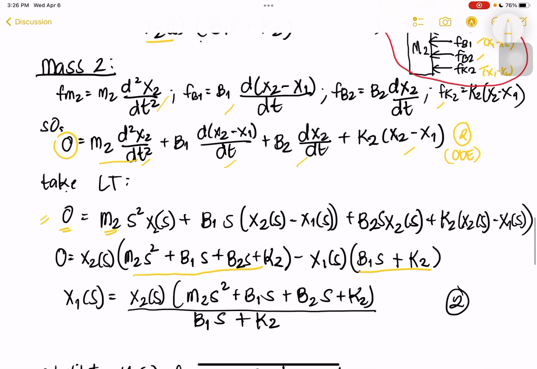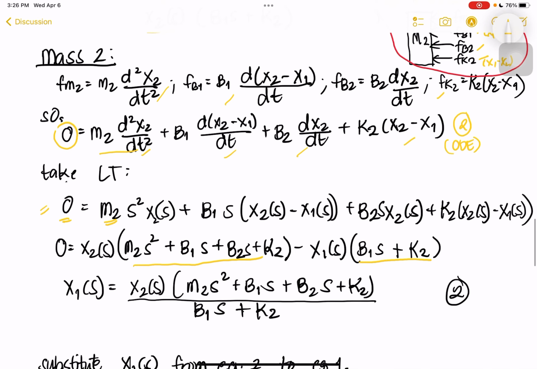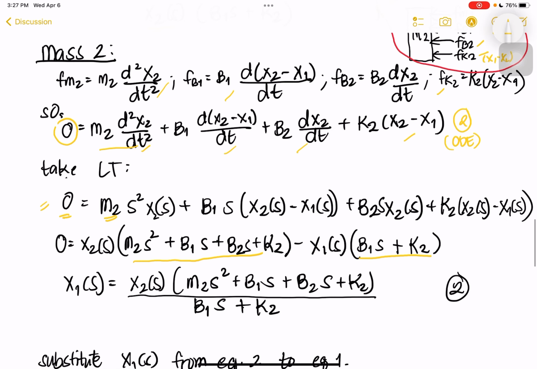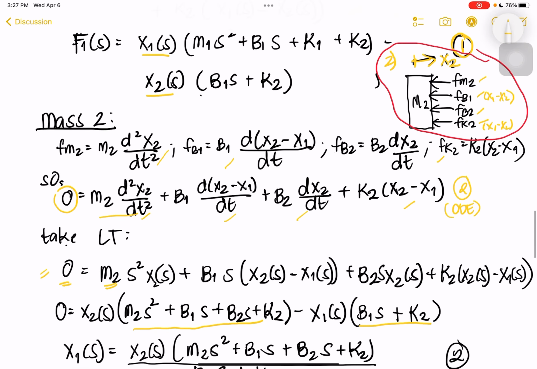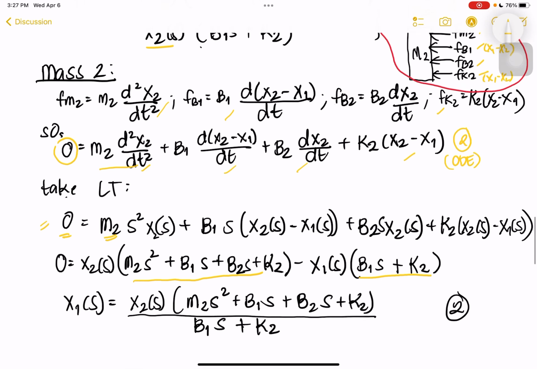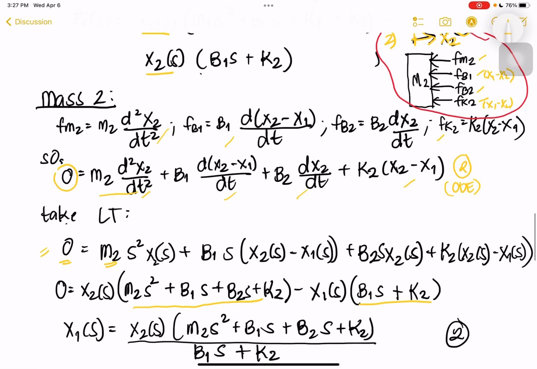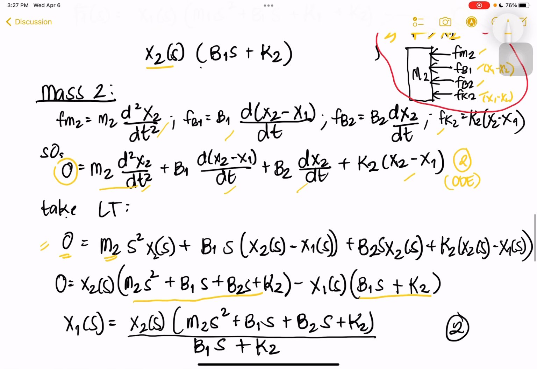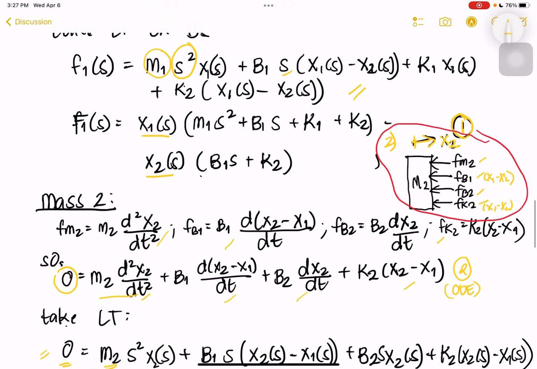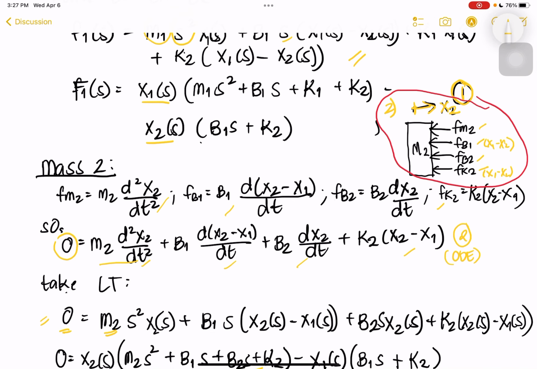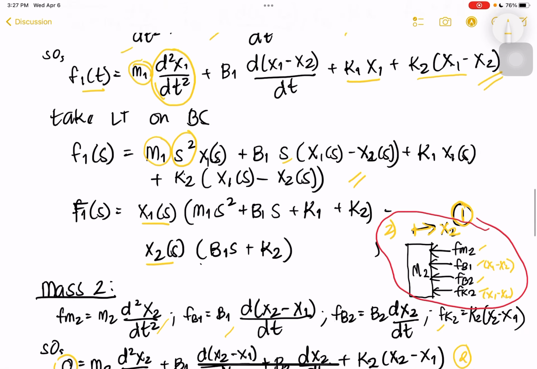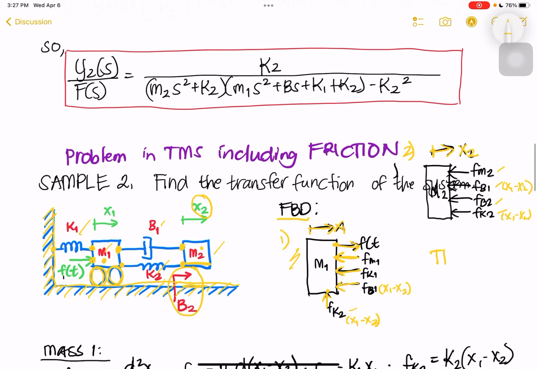For this one, what you want to do is to separate X1 of s and X2 of s on different sides of the equation. So one is on the other side. I chose X1 of s so that I can use equation number 2 to substitute into Laplace equation number 1. Because what we're trying to do is get the transfer function, and by definition, the transfer function is equal to the Laplace transform of the output over the Laplace transform of the input.